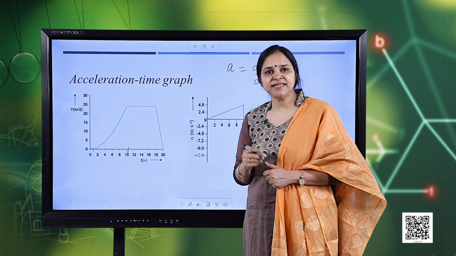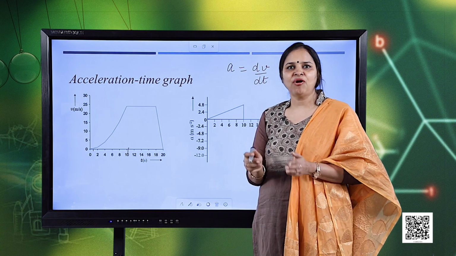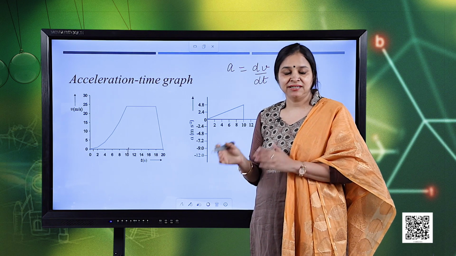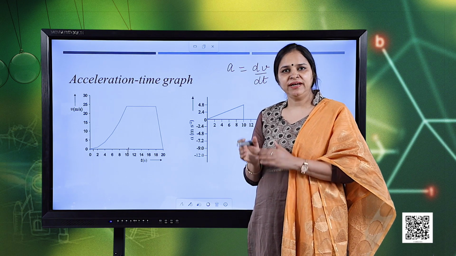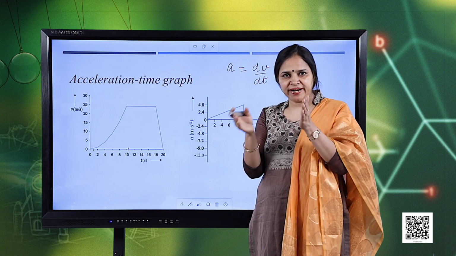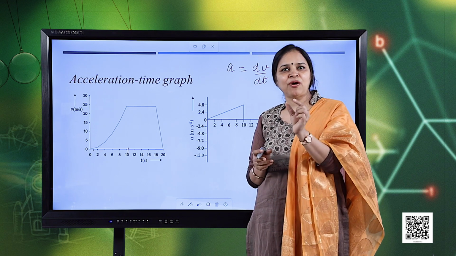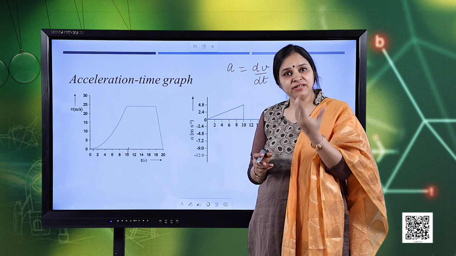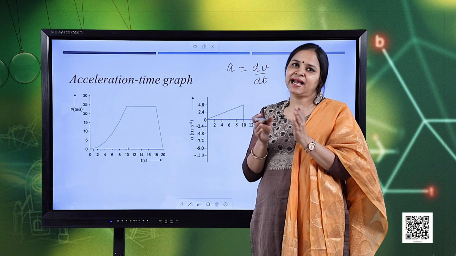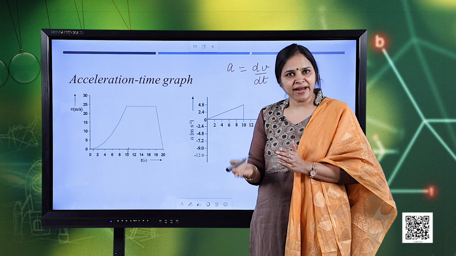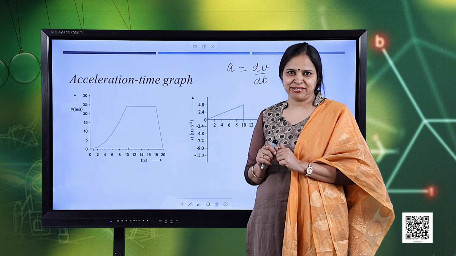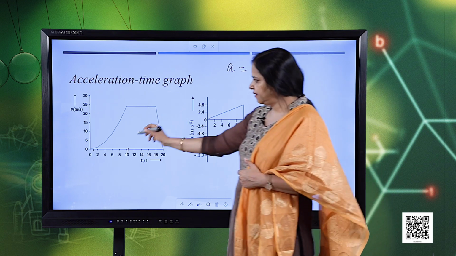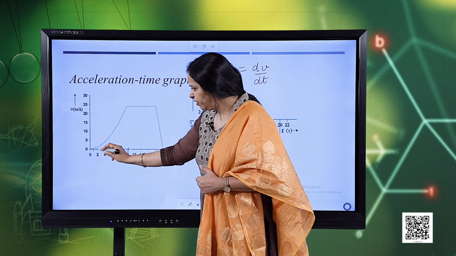Average acceleration is the rate of change of velocity, the time rate of change of velocity. When we take the time interval to be very small, then in that very small time interval the velocity change is also very small, and that is how we define instantaneous acceleration.